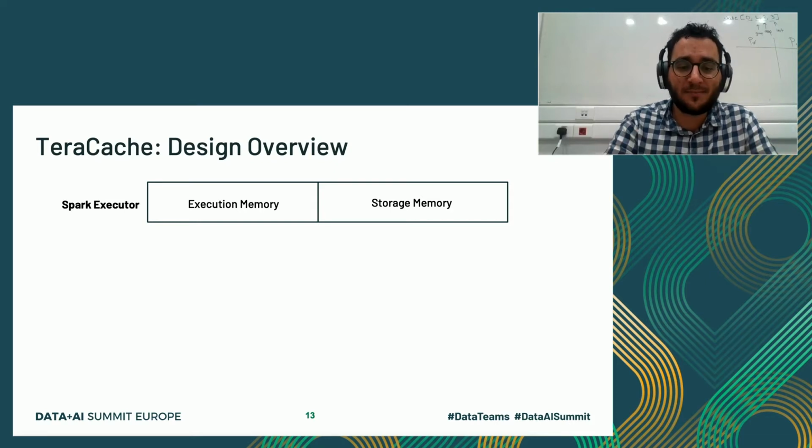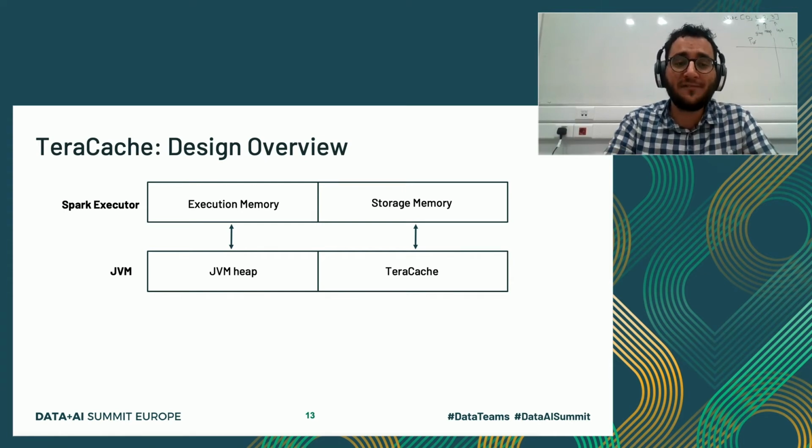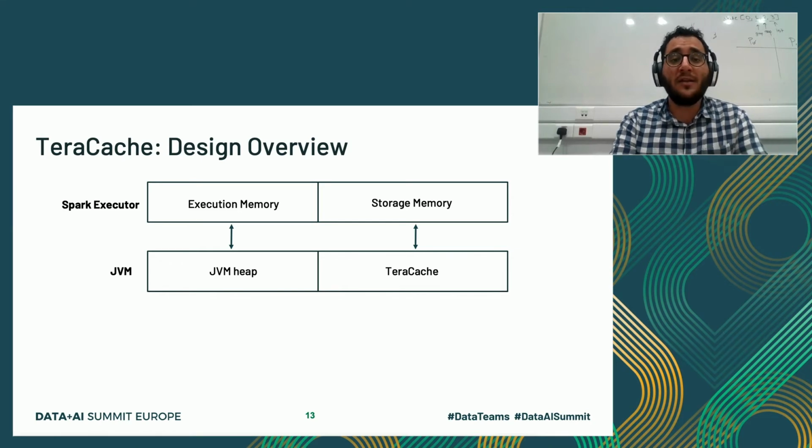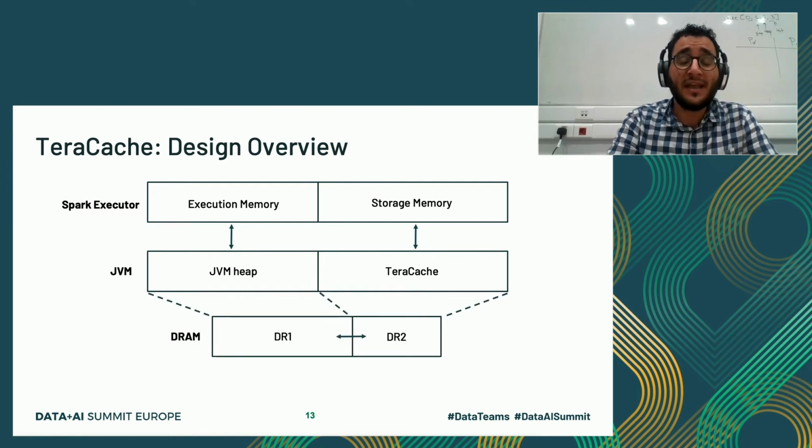We exploit this to have a JVM that supports two different heaps: the JVM heap that is garbage collected, which we use for the execution memory, and TeraCache, the second heap, which we use for the storage memory. The JVM heap is fully located on DRAM, the DR1 part, while the second heap, TeraCache, is memory mapped over an NVMe SSD, and the rest of the DRAM we use to locate the memory mappings of TeraCache.